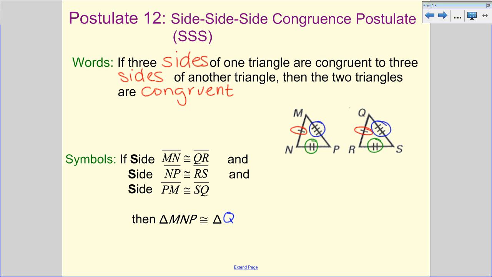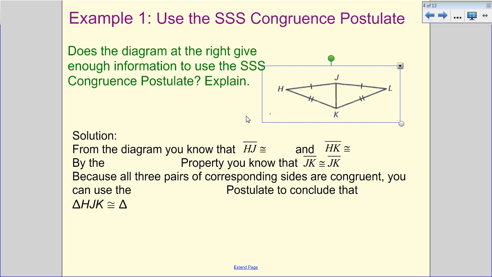Over here, R is formed by red and green, the 1 and the 2. So R is the next angle, and then that leaves S. That's what our congruency statement looks like, because we chose the corresponding angles in that order. So that's what we're looking for: three sides that are marked as congruent in each triangle, matching up, and then we can say that the two triangles are congruent. So let's take a look at example 1.